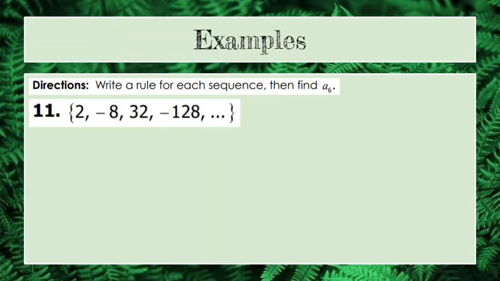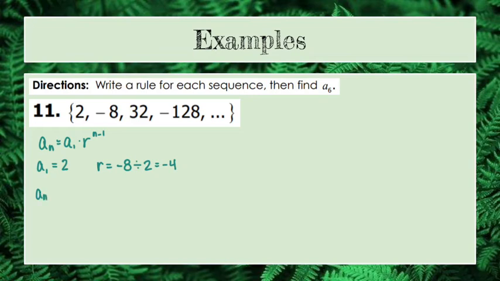So let's try number 11 together. Once again, we're going to start with our formula. A sub n equals A1 times r to the n minus 1 power. So we want to find A1, which is just the first term, and then r is the second term divided by the first term, which in this case is -4.